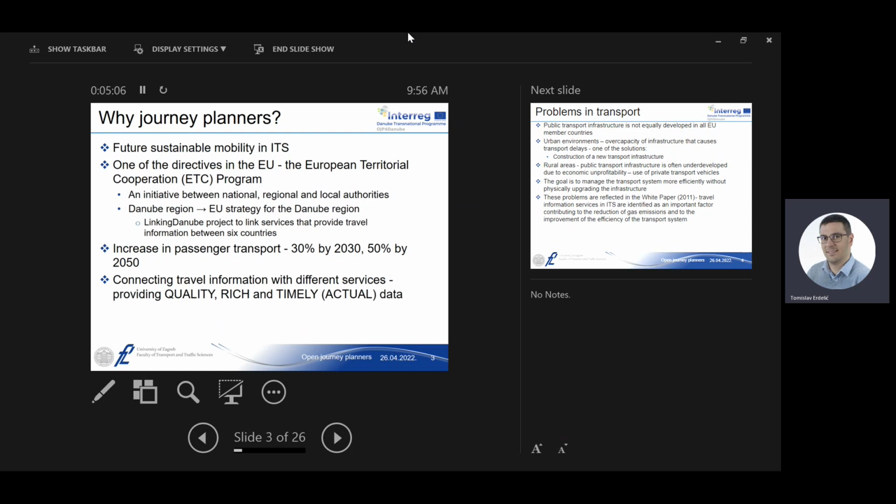The second part is how to integrate transport modes. Usually, as you said, you go from Bucharest to Zagreb, and there is only one transport mode, the bus. How to offer the person, the customer, multimodal transport, so that some parts of the journey use some other mode?